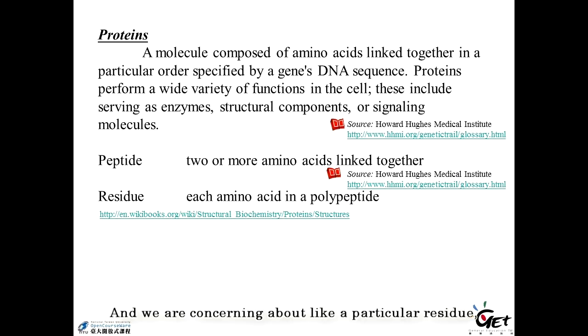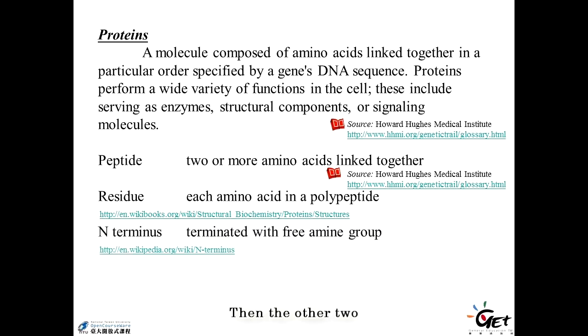We're concerned about whether a particular residue will affect the protein structure or the protein function. We don't use residue for DNA, although occasionally you see people do that, but I don't think that's a common use. We only use residue to describe the amino acid site of a polypeptide or protein.